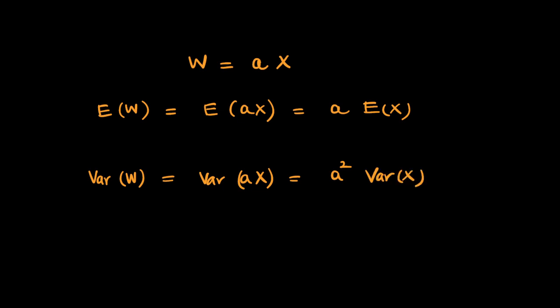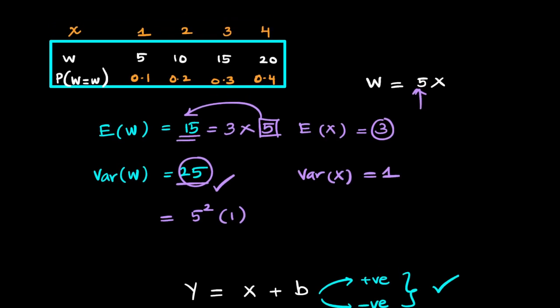In other words, whatever this constant is, it will come out and multiply for expectation. Whatever this constant is, it will come out square and then multiply for variance. And this was very obvious in this particular example. W is 5 times x. The expected value or the mean is multiplied by 5, whereas the variance of x, which is 1, is multiplied with 5 square. So that is what we have learned in this video.